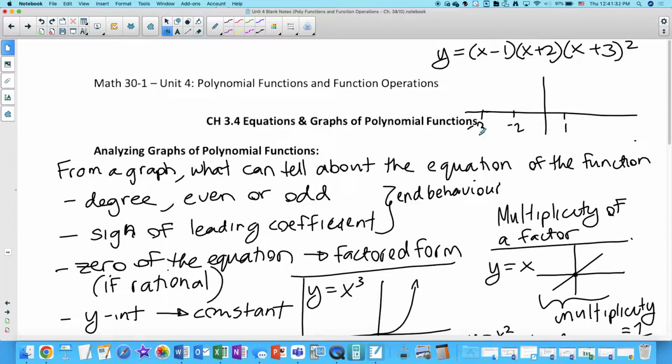Well, if you multiplied all these factors together, it would be positive. So we've got a degree 4 polynomial that's even. It's going to start and end in the same direction. In addition, the leading coefficient is positive, so it's going to start up and up.